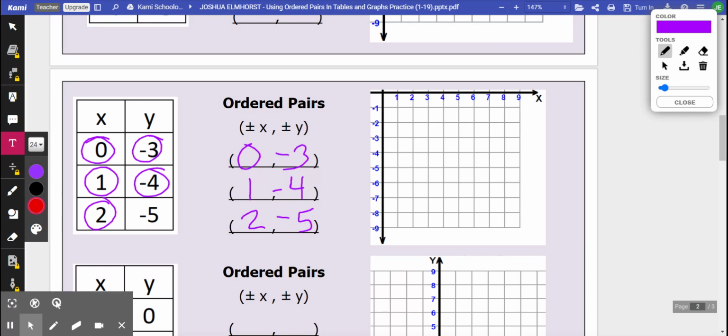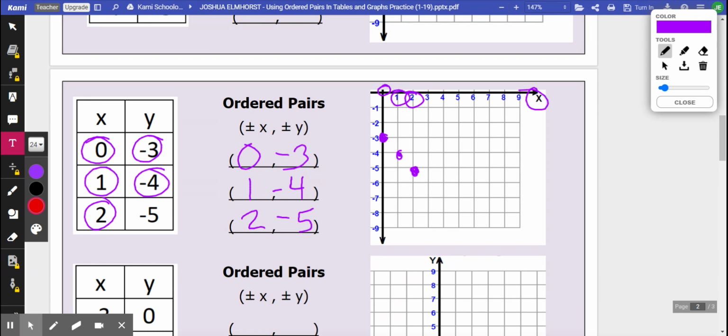Okay, so we're going to go 0. When x is 0, y is -3. Then when x is 1, y is -4. And when x is 2, y is -5.